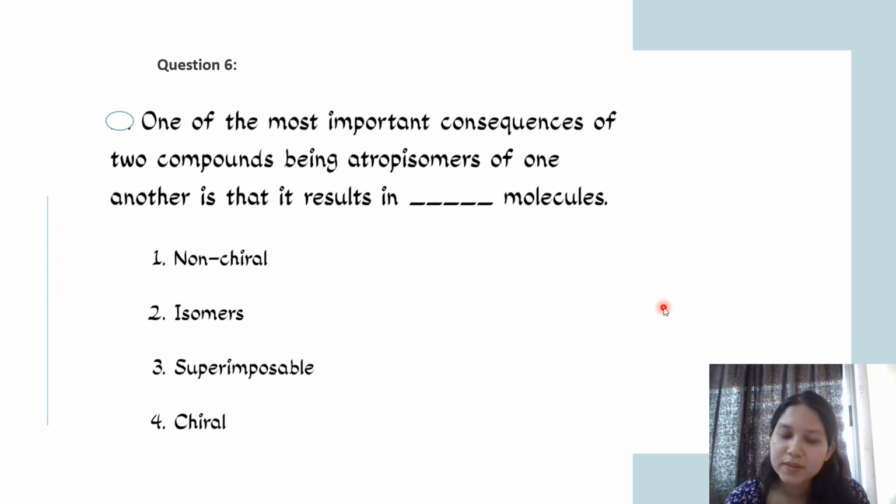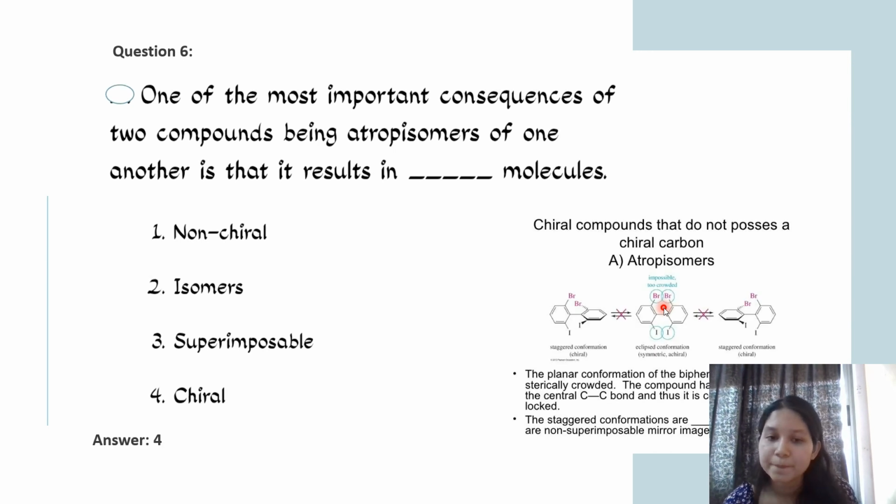Atropisomerism results in two different molecules, and those two molecules have what kind of relationship? Will those molecules be non-chiral or chiral, or will those two molecules be isomers, or will those two be superimposable molecules?